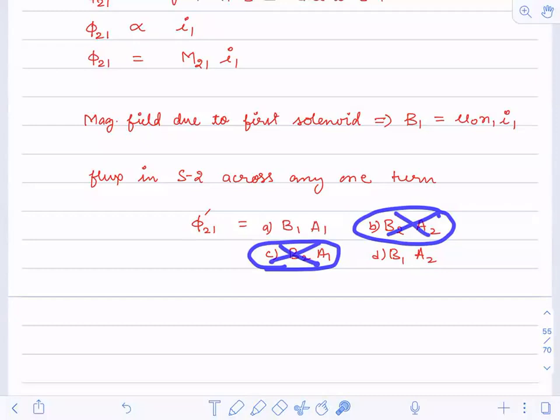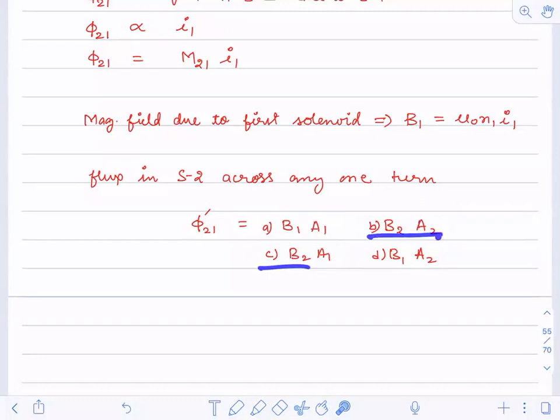If you don't have any doubt, I'll just remove them from the options. If anybody is having, I'll explain it. If nobody is having, we'll not waste our time. So shall I remove them from the options now? Because there is no magnetic field due to 2.